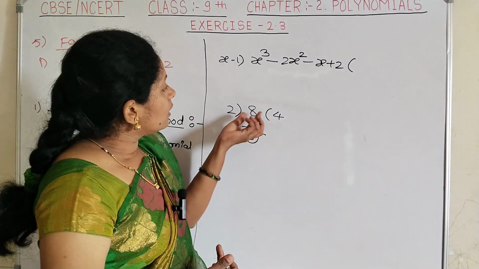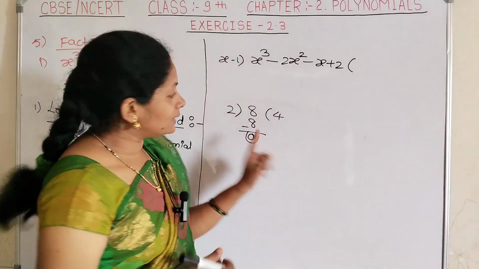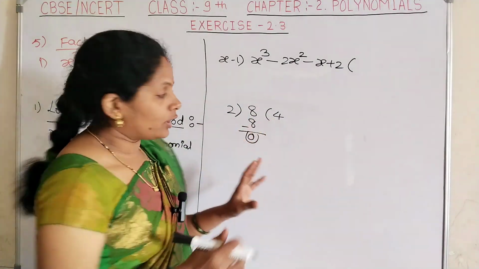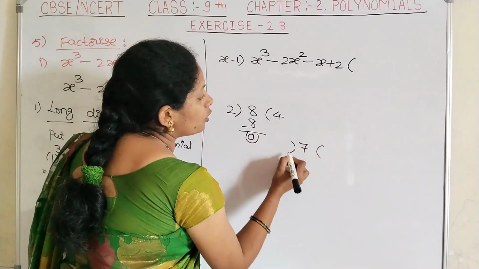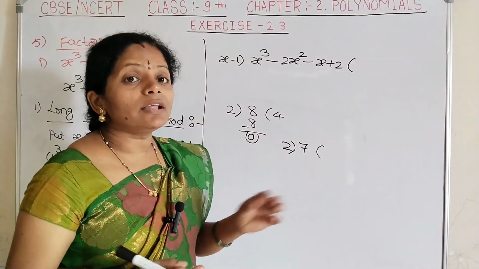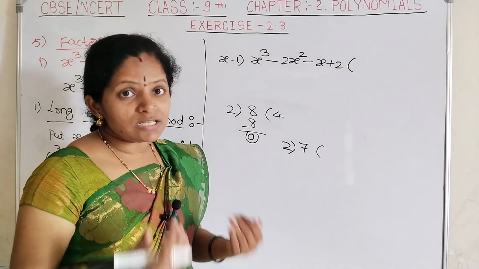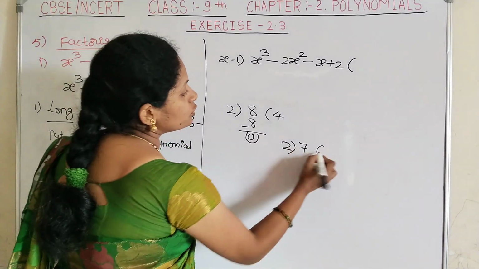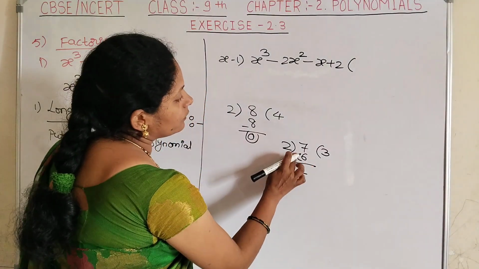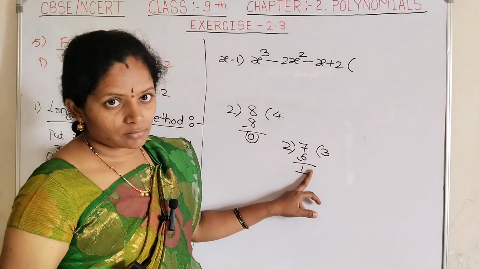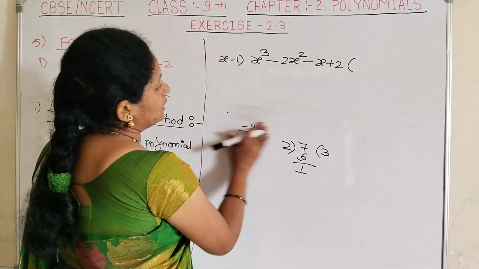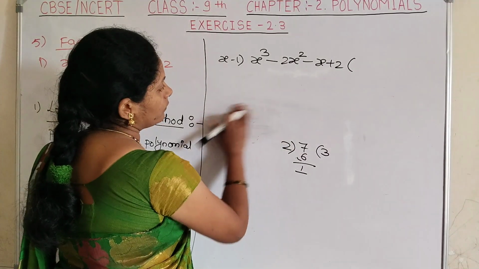If a number is not divisible, then we write the nearer number that is smaller than 7. 2 3s are 6, and we get the remainder as 1. Now I want to clear one thing here.